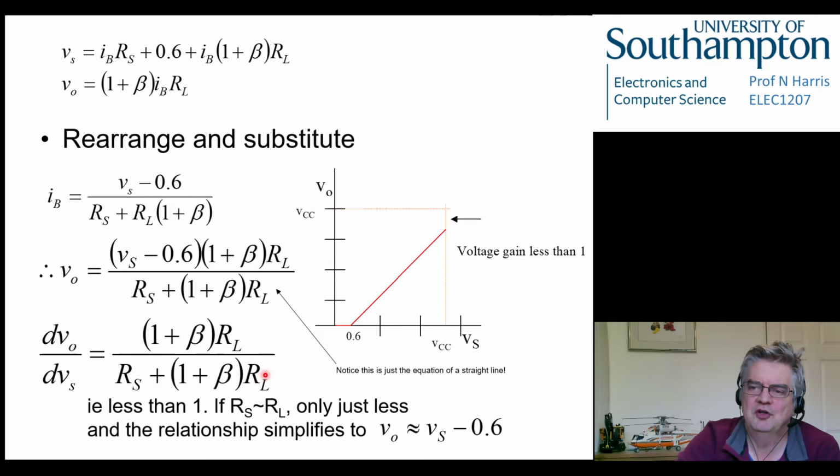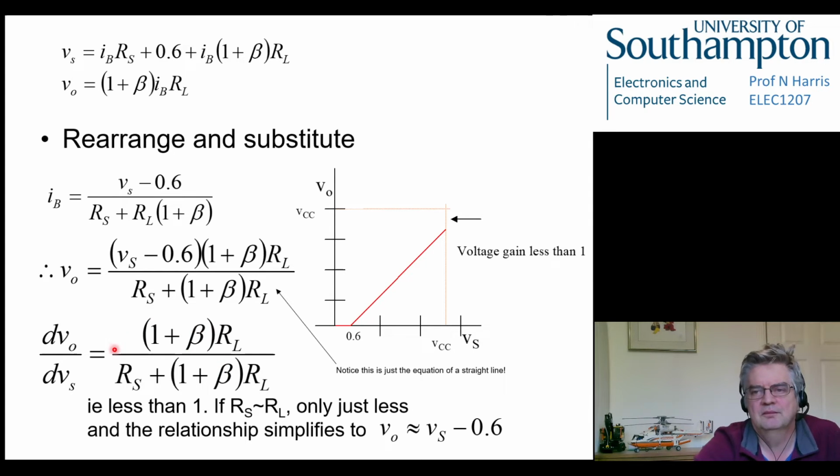A big number times this is going to be a really big number, and it's going to be much bigger than this number. So this bit is the dominant part of this equation, and if we want to make an approximation to it, we can ignore that bit, because this is 100, 200, 300, 400 times bigger than this. And if we do that, we've then got (1 plus beta) RL over (1 plus beta) RL, and that's 1.